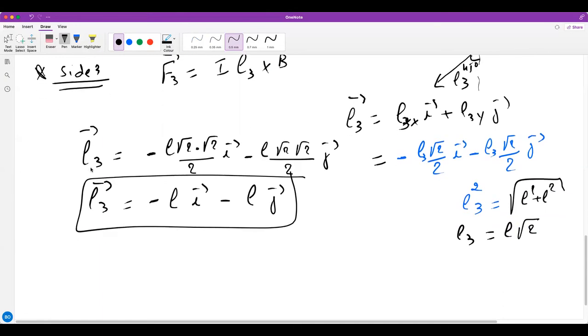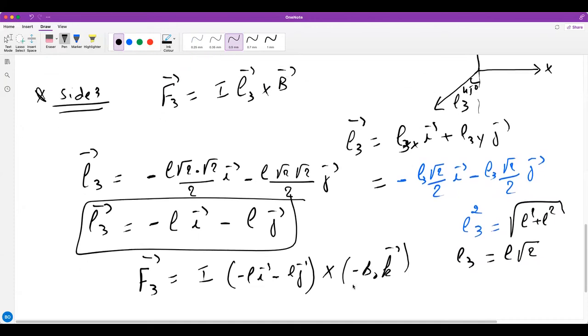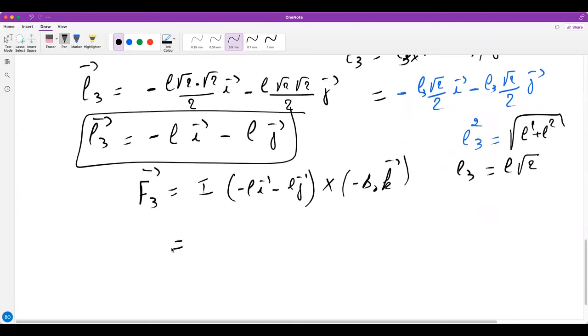Then we replace in the force F3. So F3 is equal to I L3, which is minus L i minus L j, cross minus B0 k, the magnetic field. So we can split this.